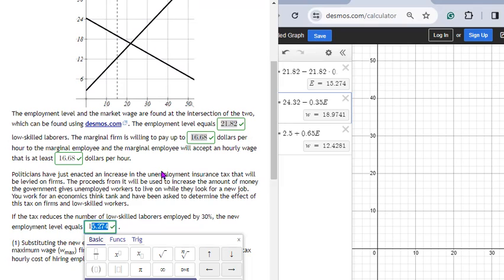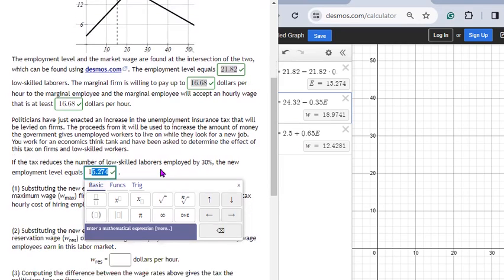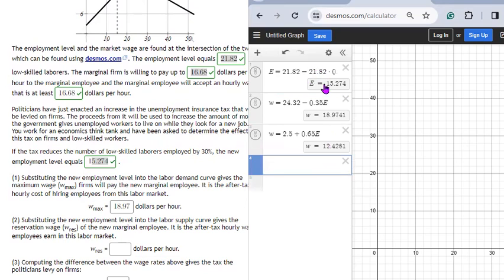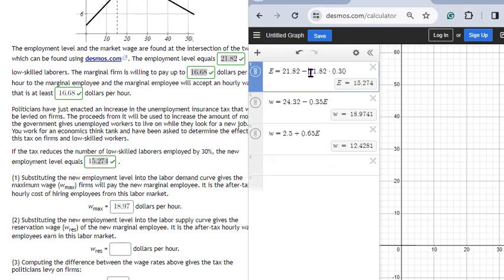So the new reservation wage of the new marginal employee, the last employee hired after the tax is imposed, what is it? Again, after calculating the 30% decline in employment and subtracting that from the initial employment level, we get a new employment level of 15.274.